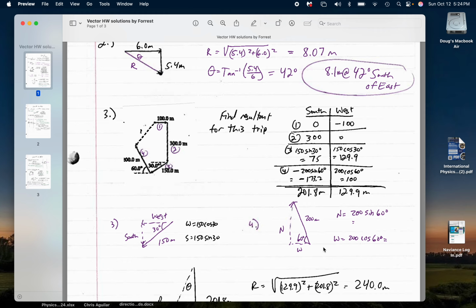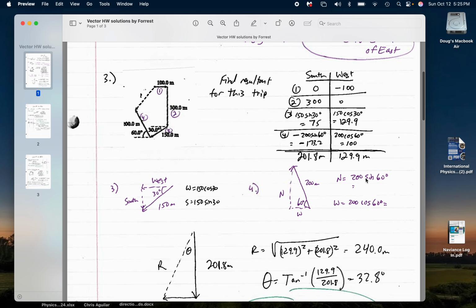I'm not worried about the negatives down here, but I do put a negative up here in front of the math, just because if it's going north, that's negative south. It really doesn't matter which vertical or horizontal orientation you pick, but you need to be consistent with the math once you choose. So that becomes negative 173.2, positive 100.